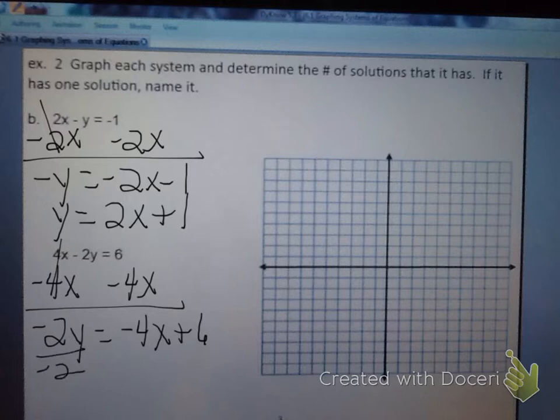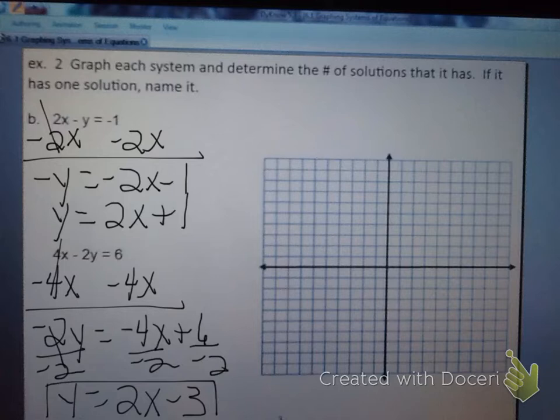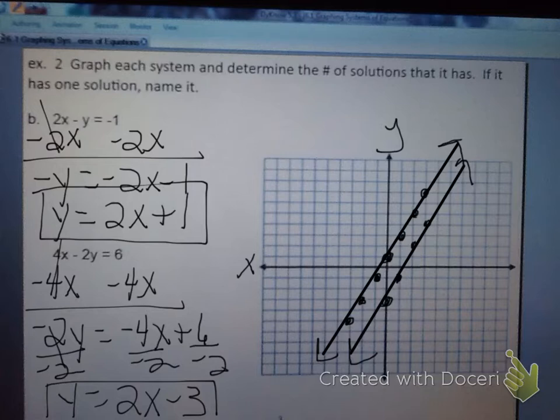Divide by a -2. Okay, so we need to graph these two equations on the same grid. As you can see, these two graphs never cross because they have the same slope, so they're parallel. So the solution is no solution.